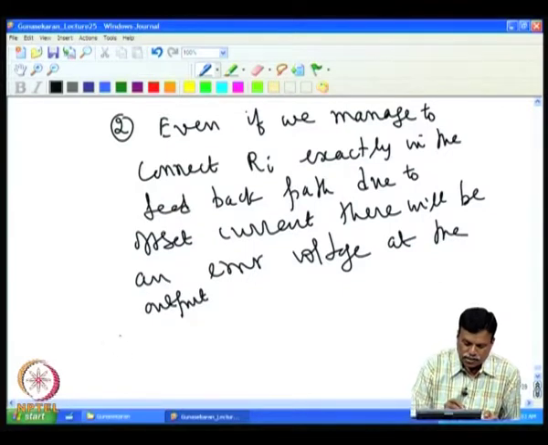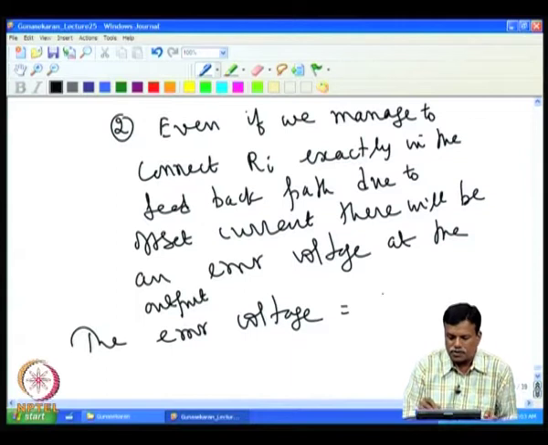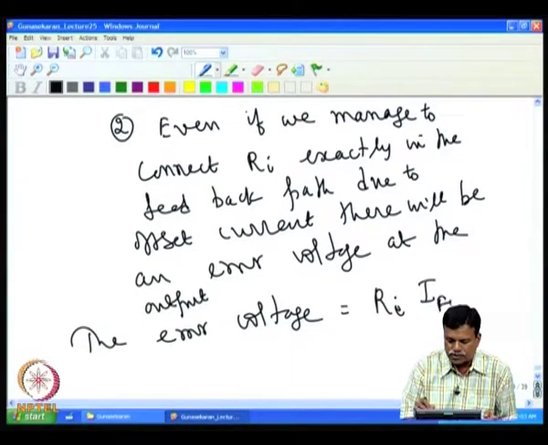In that case, the error voltage would be RI into I offset.